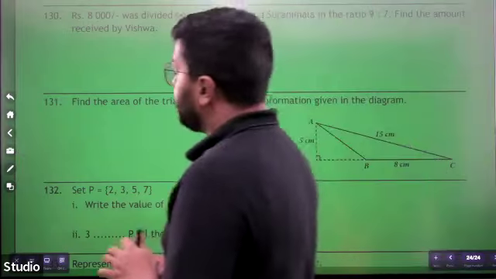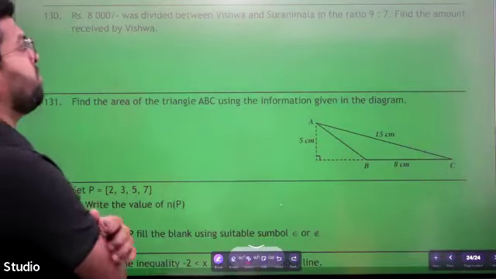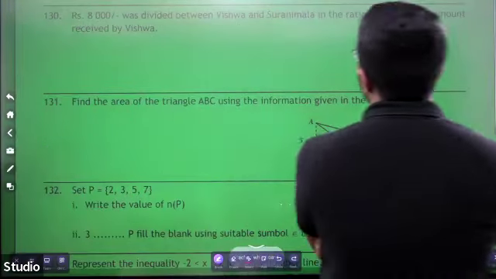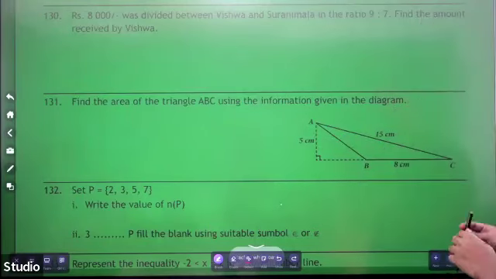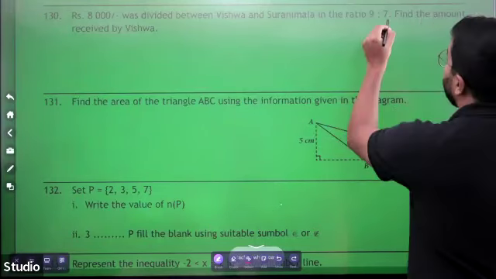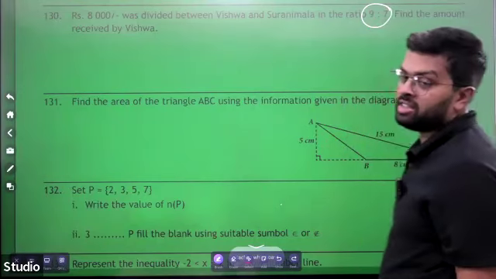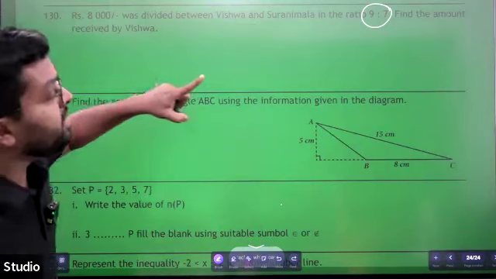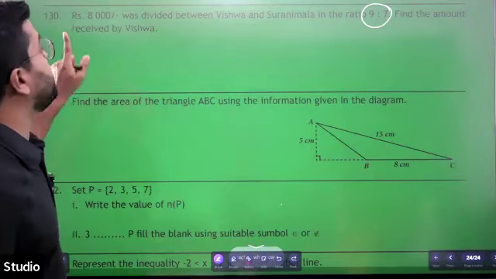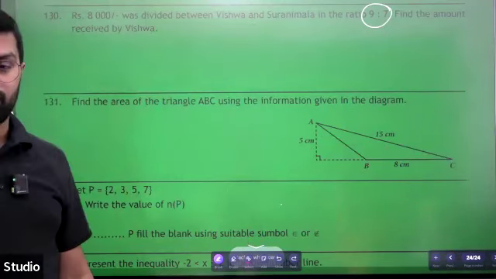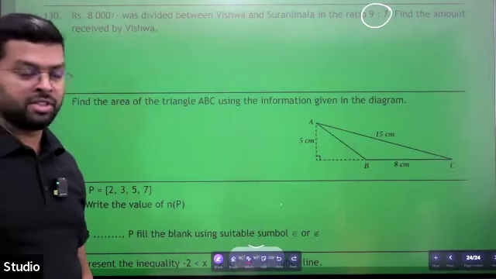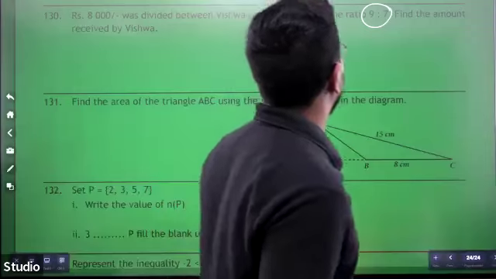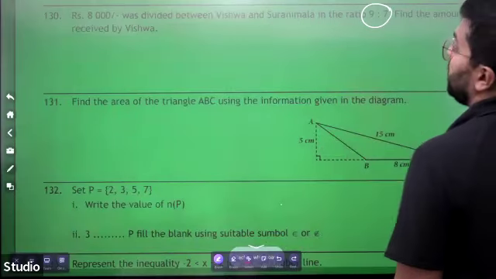Right. 8,000 rupees was divided between Vishwa and Suranimala in the ratio 9 to 7. The question is from the lesson ratios. Find the amount received by Vishwa. Answers, please. Show me your answers.